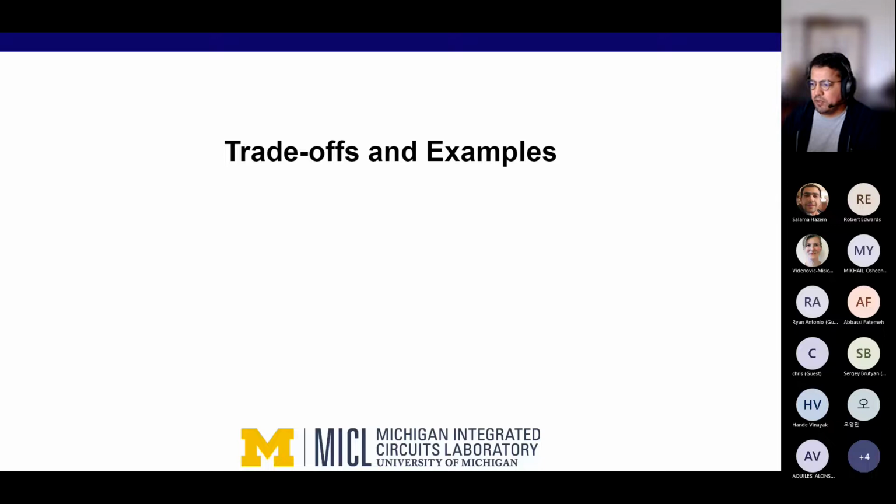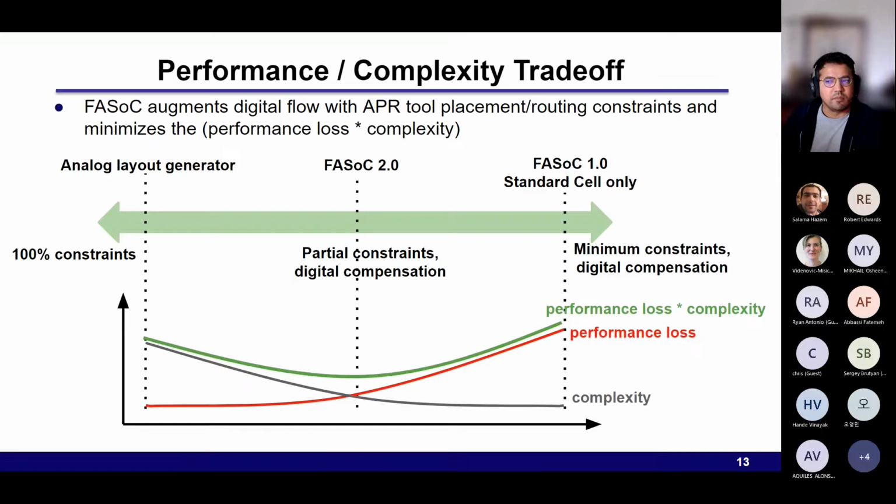So I want to go to this section here, which is about trade-offs and examples of what we're doing in FASoC and how it translates in terms of results. I really like this diagram, which summarizes where FASoC, which is using commercial tools, is today.